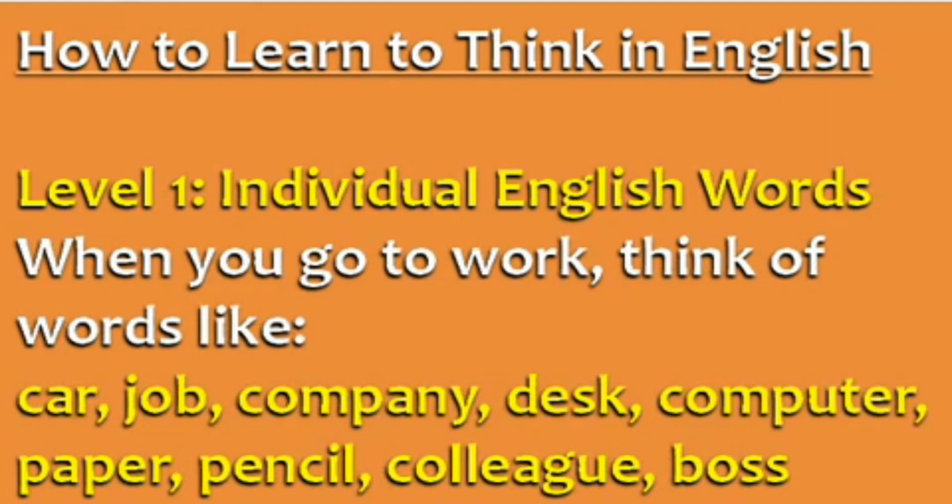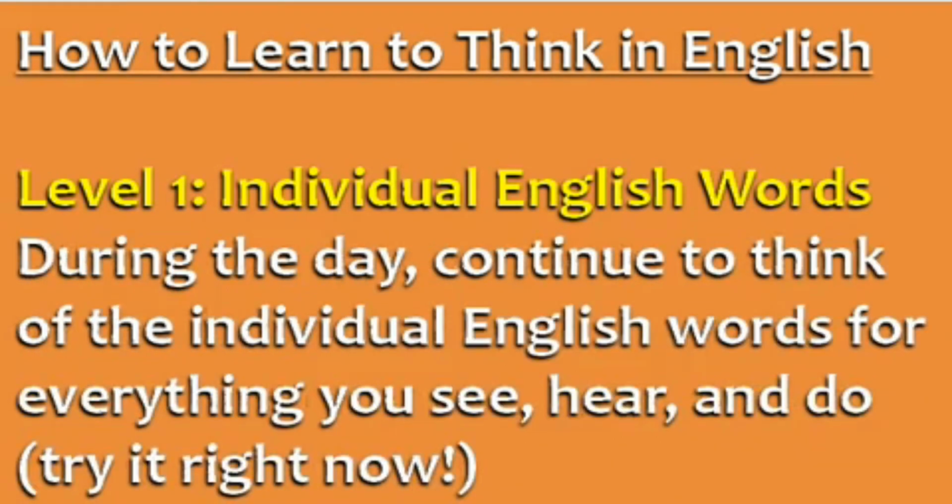Then, when you go to work, think of words like car, job, company, desk, computer, paper, pencil, colleague, and boss. During the day, continue to think of the individual English words for everything you see, hear, and do.